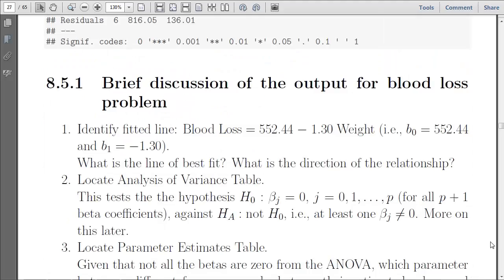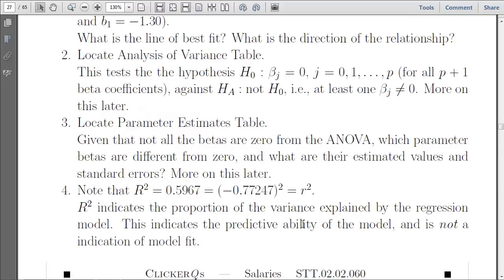Paging down. All right. So what does that mean for 0.6 for R-squared? That means that 60% of the variability that wasn't explained by the grand mean is explained by using the regression model. And that's pretty good.